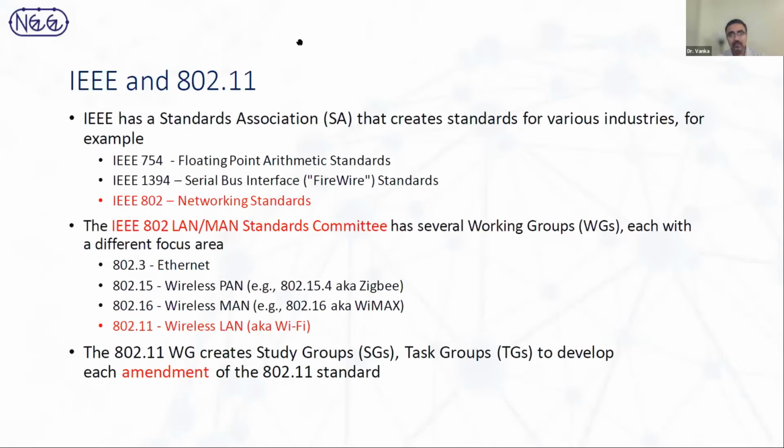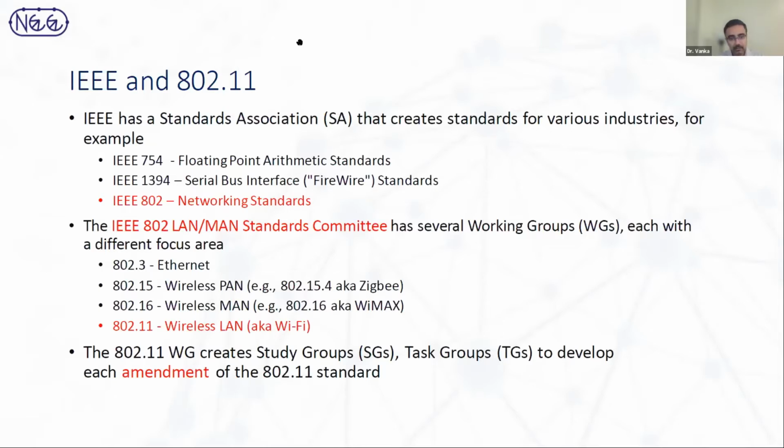And there is something called the IEEE LAN-MAN Standards Committee, which is abbreviated as LMSC. And it has several working groups, and each of them has a different focus area. So we would have heard of Ethernet, that is 802.3, and you have 802.15, 16, and 11. So 802.11 is wireless LAN, which will be the focus of this talk, and it's also called Wi-Fi.